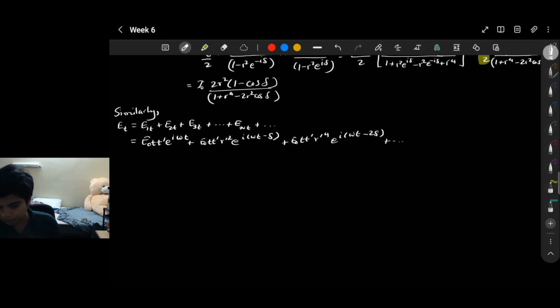You can figure out this pattern by writing down like 5 rays. Maybe you will be able to see this pattern.